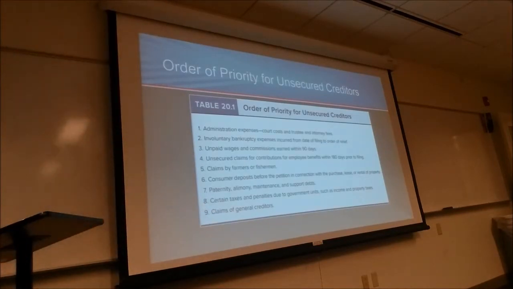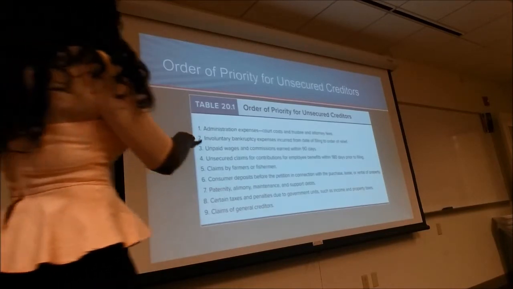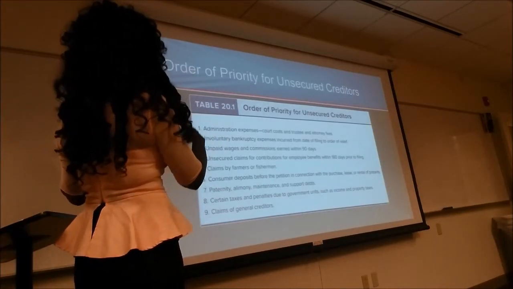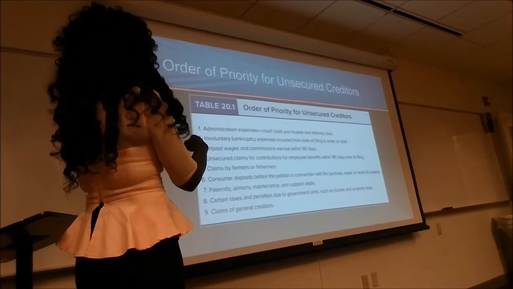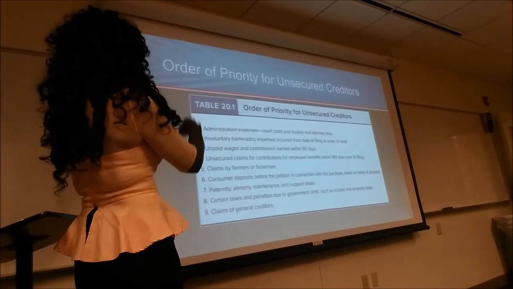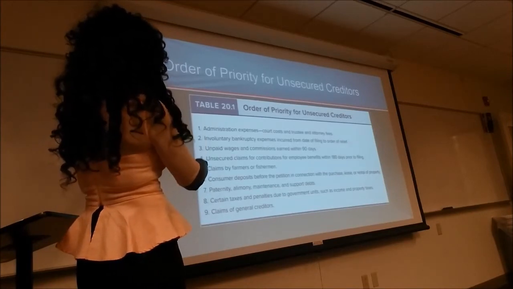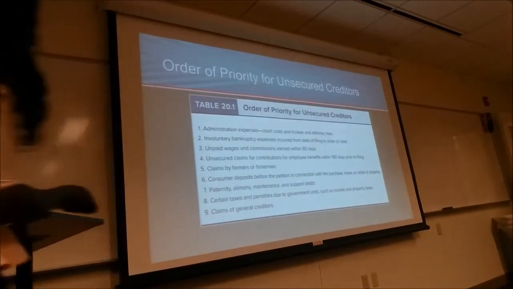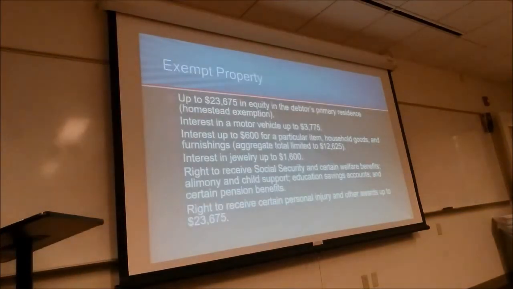And there's a nice little chart in your book that talks about how this all works out: administrative expenses, involuntary bankruptcy expenses, unpaid wages, unsecured claims, claims by farmers or fishermen. There's this list of order of priority for unsecured creditors. And then here is a listing of property that is exempt.